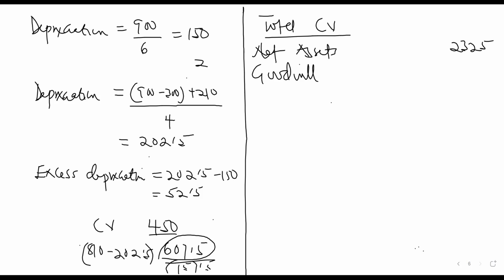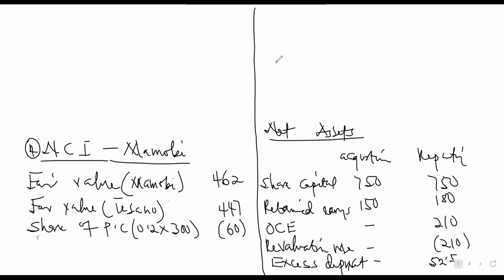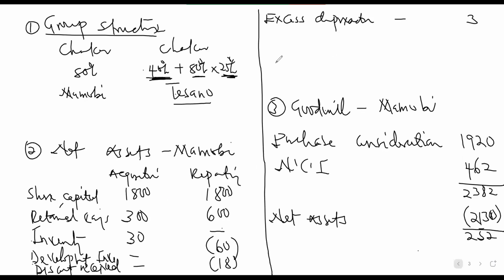So you look at the physical assets. The goodwill that we have, we have two goodwills. One is 252, isn't it? This particular goodwill is relating to what? Mamobi. The parent is having this goodwill because of the acquisition of Mamobi, isn't it? So the goodwill is attributed to Mamobi, not the parent.